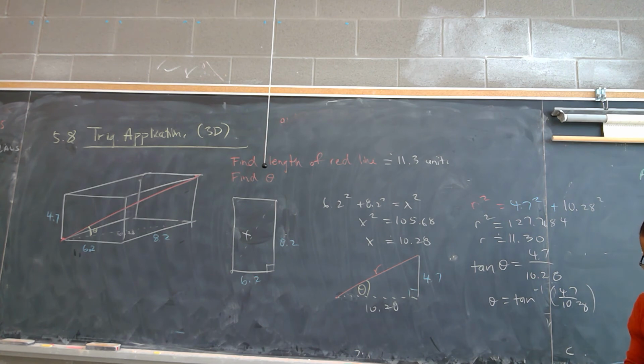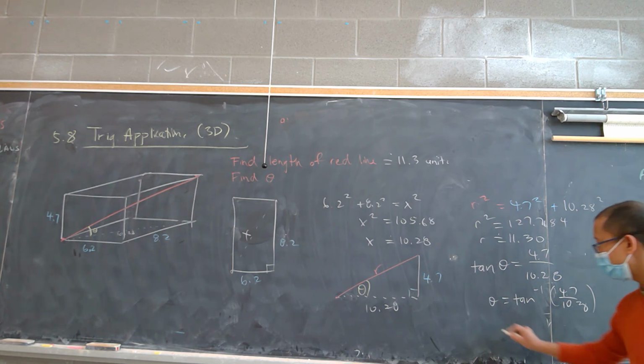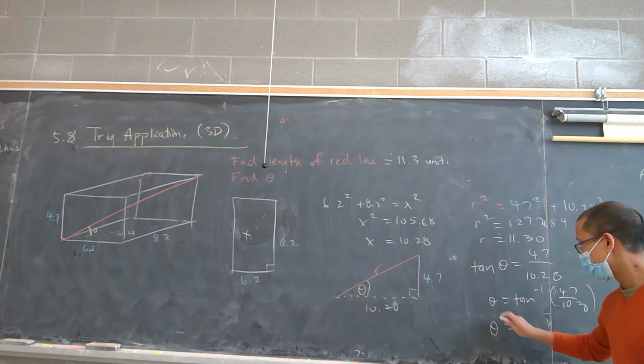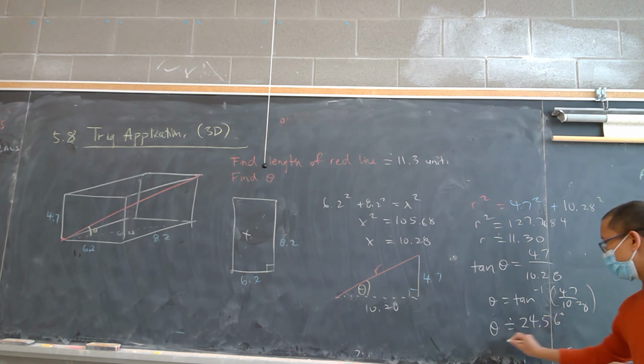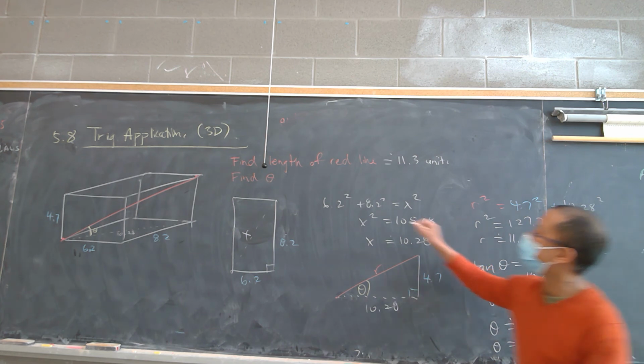Calculator, inverse tan, make sure I'm in degrees. 4.7 divided by 10.28. That angle, to one decimal place, is approximately 24.56 degrees, or 24.6 degrees, which is fine.